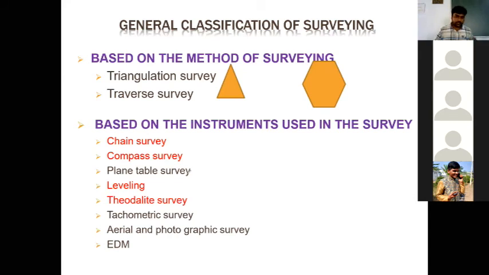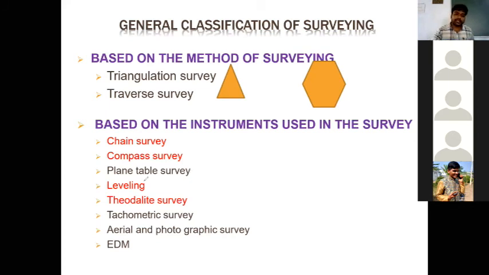We take that table and fix it on the tripod, and on that table we put one A1 size paper. Whatever measurement we do on the field, simultaneously we plot it on the sheet also. So there we make use of the plane table survey.